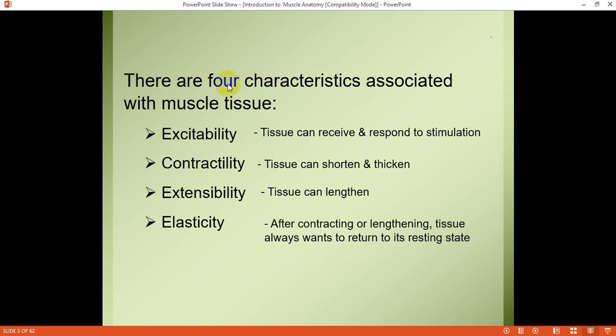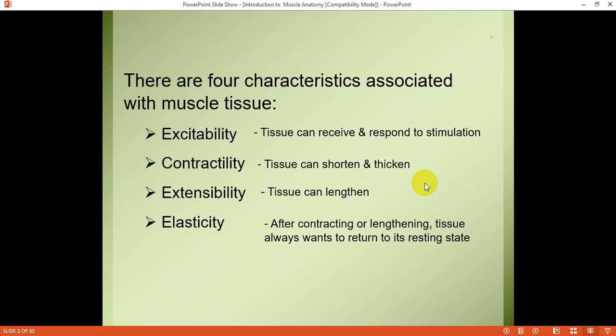What are the characteristics that differentiate muscle tissue from other tissues? First of all, the muscle tissue should be able to receive and respond to a nerve stimulus. That means it is excitable. Then, after receiving that impulse or stimulus, it is going to show some changes. Either it can shorten and thicken by decreasing its length, or it can relax and lengthen.